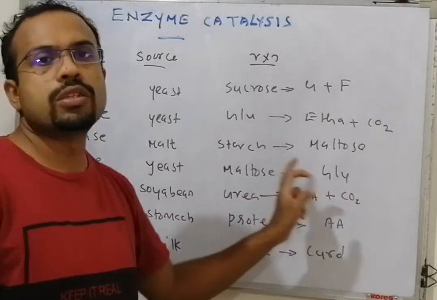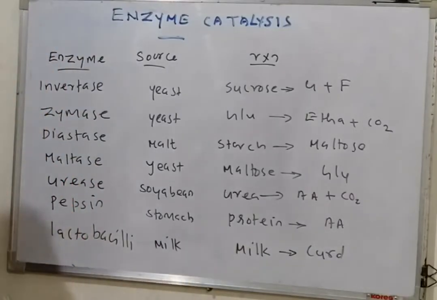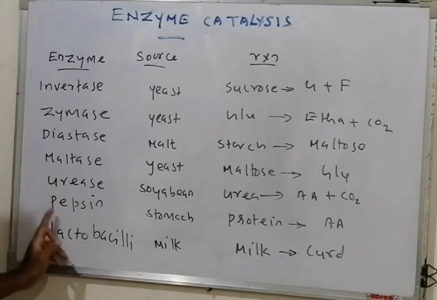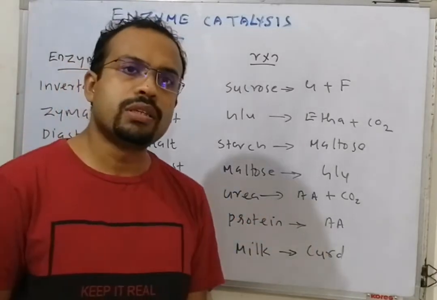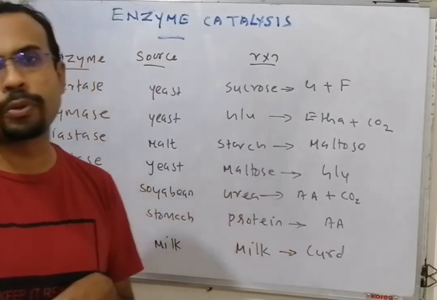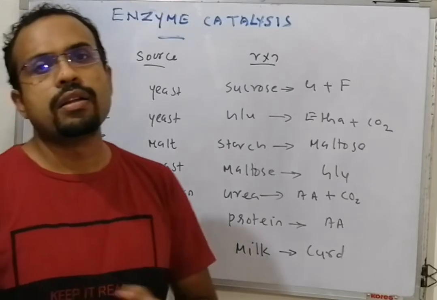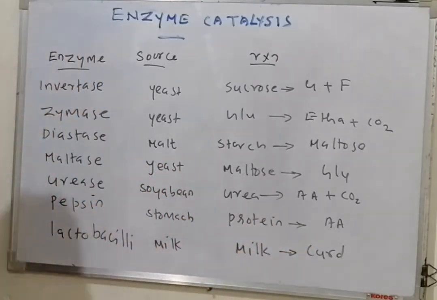Amino acid is one of the important components for fertilizer for plant growth. Then pepsin, not Pepsi, pepsin, from the stomach, converts protein into amino acids. We are having a lot of proteins. Meat is a protein. Fish items are protein. Therefore, the protein content of the food is converted to amino acid by pepsin.